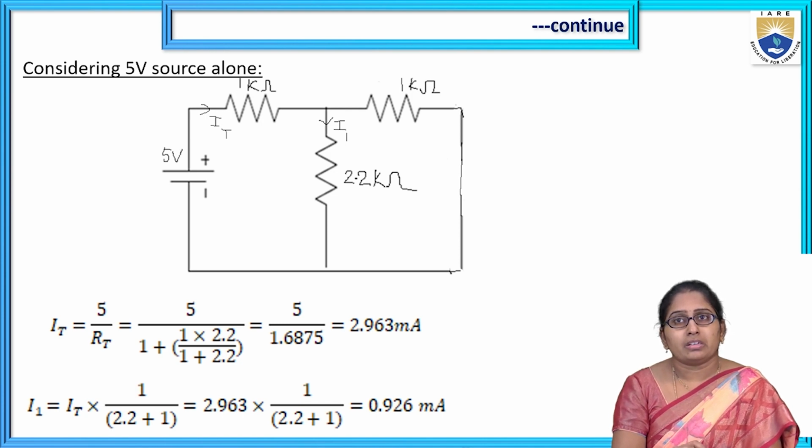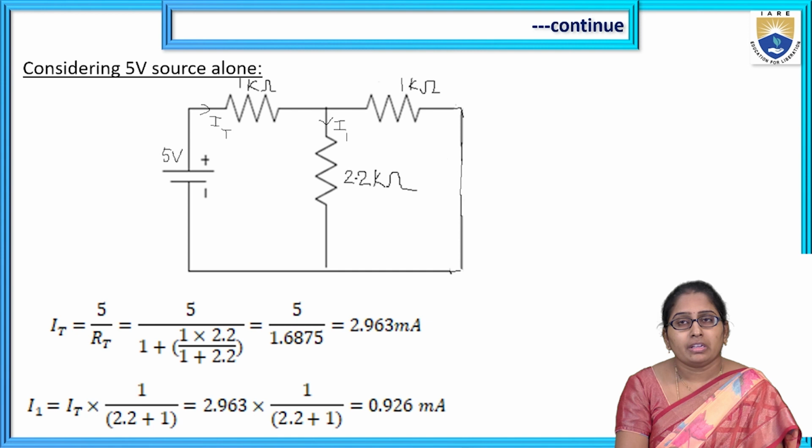My final intention is to find the current in the 2.2K. By knowing this total current IT, I can find I1 using the current division rule.